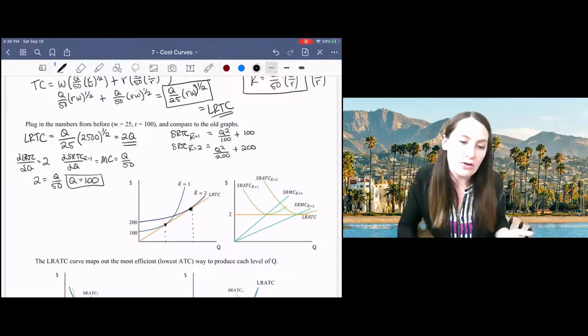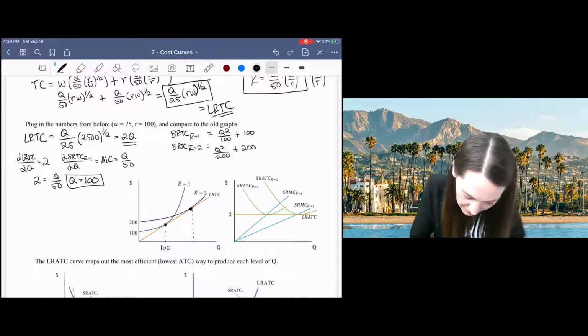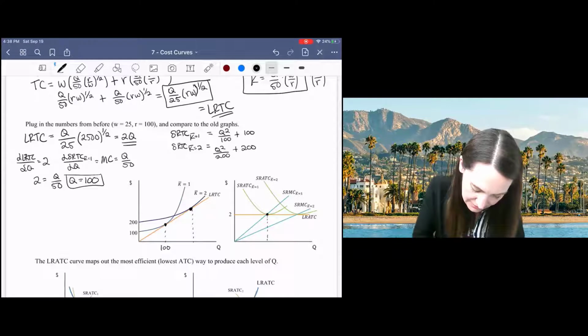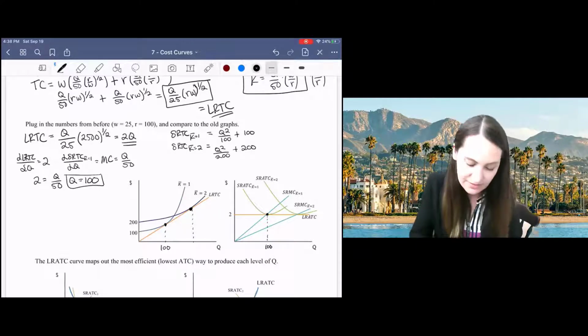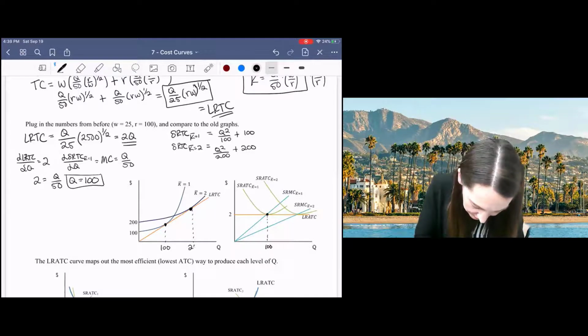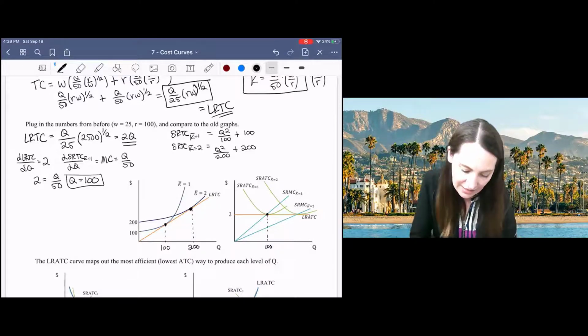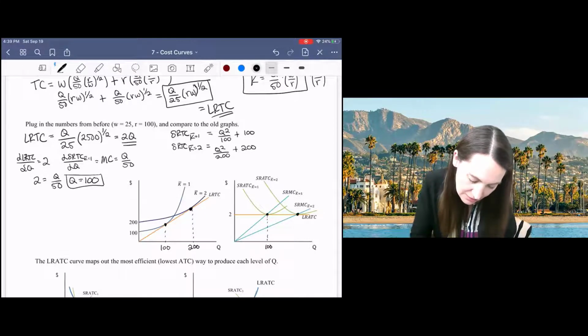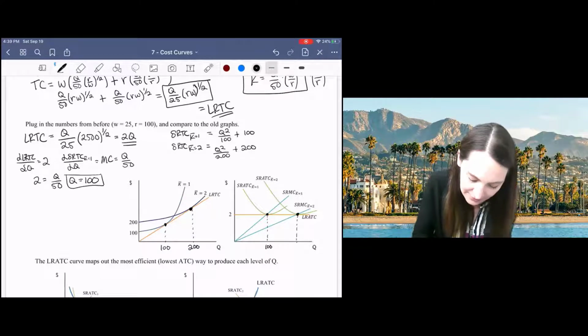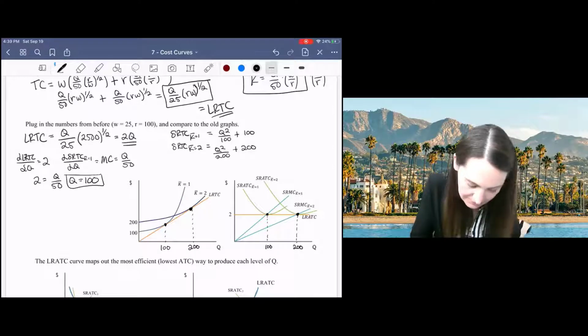which we really already knew, because that's the point where our average total cost, or short run average total cost, was minimized. And if you do that for your capital fixed at 2, you're going to get a quantity of 200 for our tangency, because again, that's the point here where your short run average total cost is minimized.